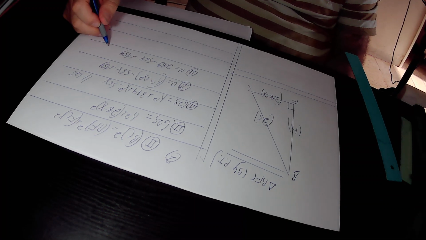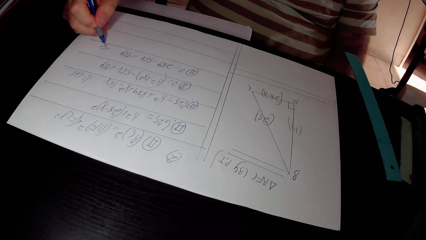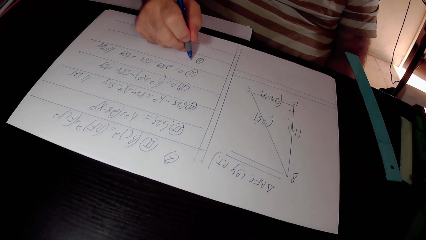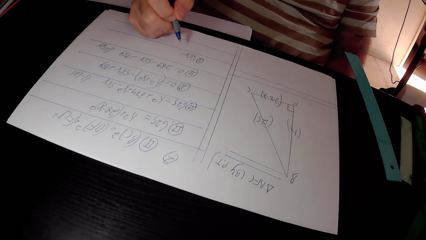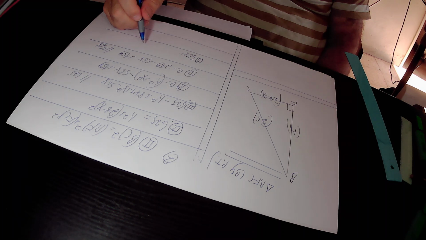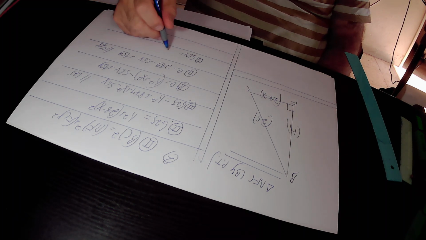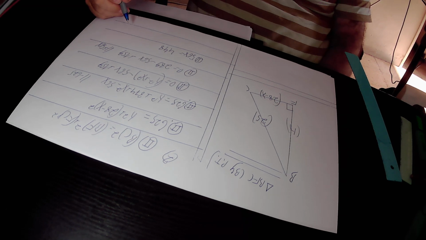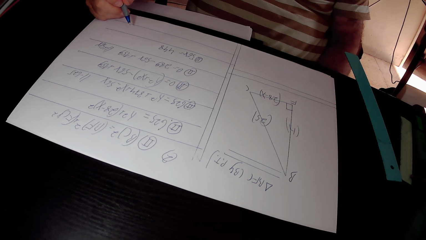So here we will add 56x to this equation, and we get that 0 plus 56x is 56x, and it is equal to 289 plus 159. 289 plus 159 is equal to 448. So in total we found out that according to equation 2, 56x equals 448.